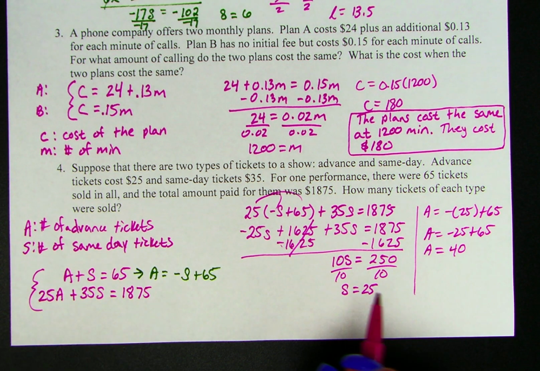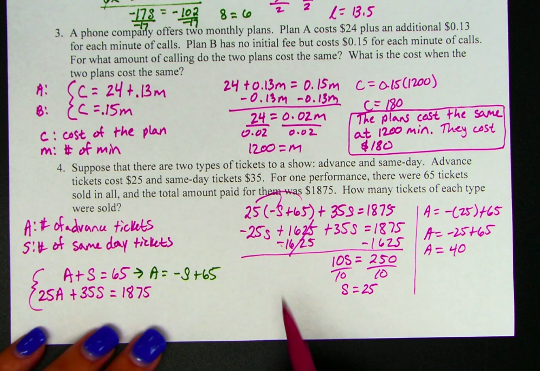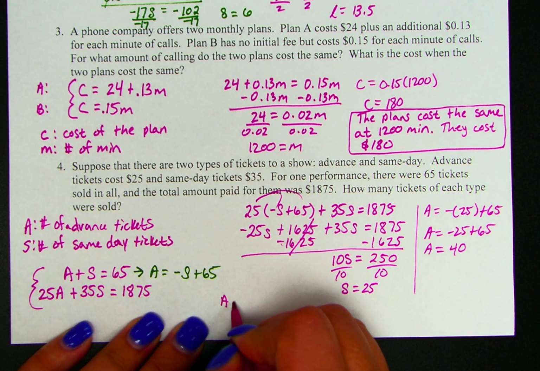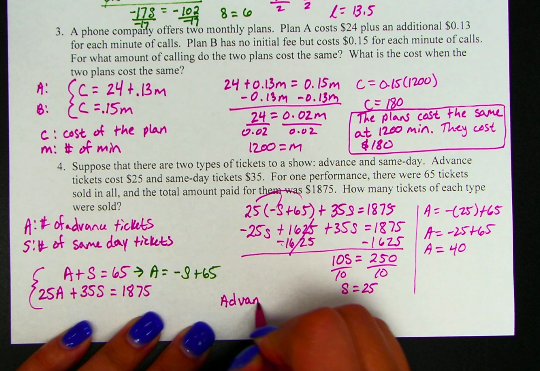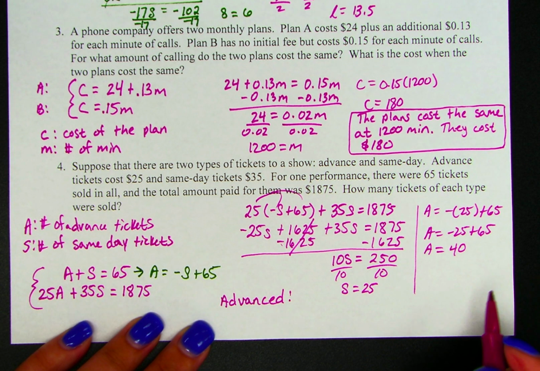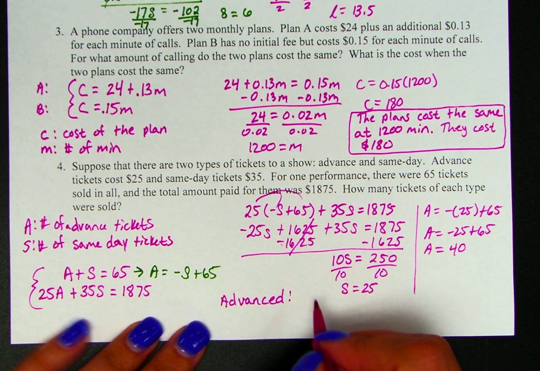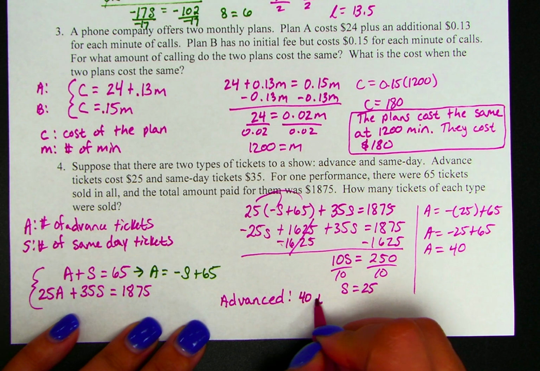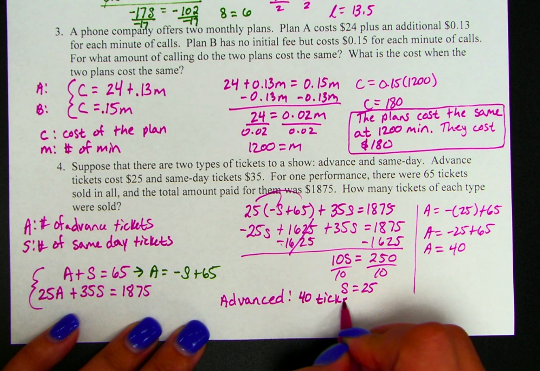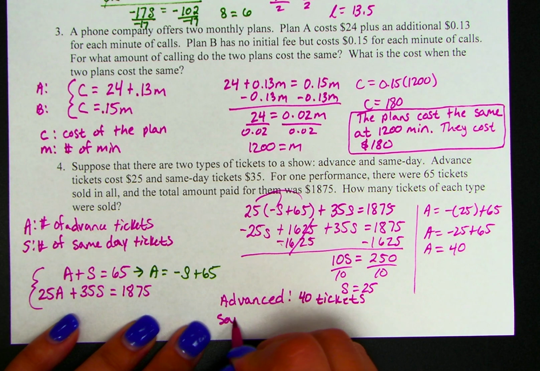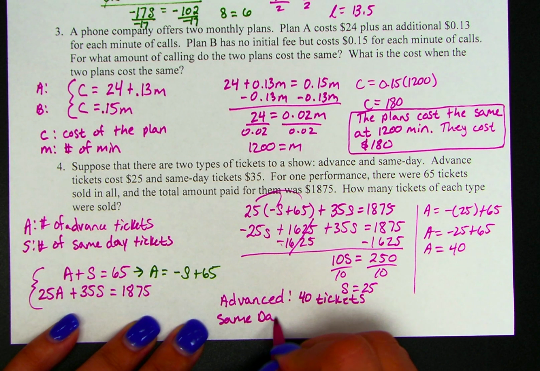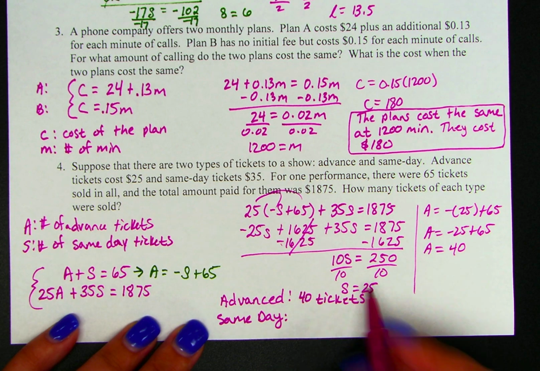All right, so to answer the question, how many tickets of each type were sold? So for our advanced, let's see, that was 40 tickets. And then the same day was 25 tickets.